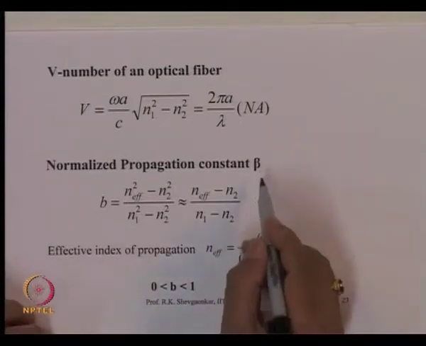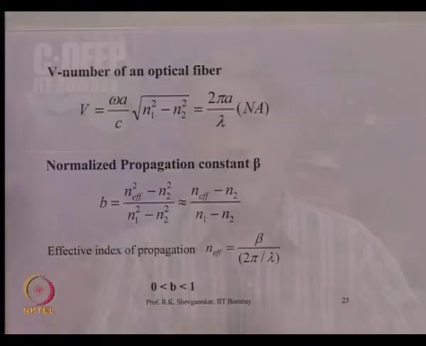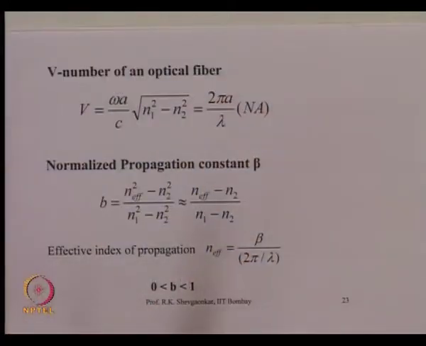So beta will vary from beta 2 to beta 1, but this normalized propagation constant will always vary between 0 and 1, irrespective of what mode we are talking about. Whether we have a TE mode, a TM mode or a hybrid mode, whatever the index is, the limit for this is always between 0 and 1, or the limit for beta is always between beta 2 and beta 1.